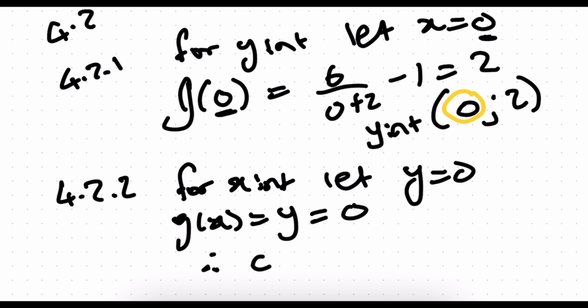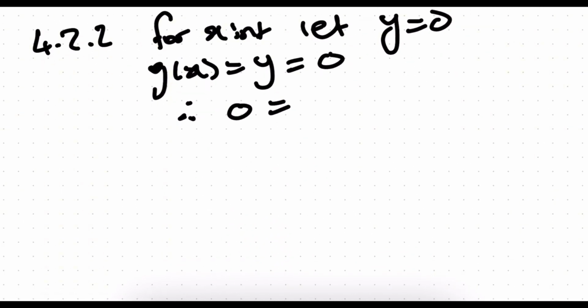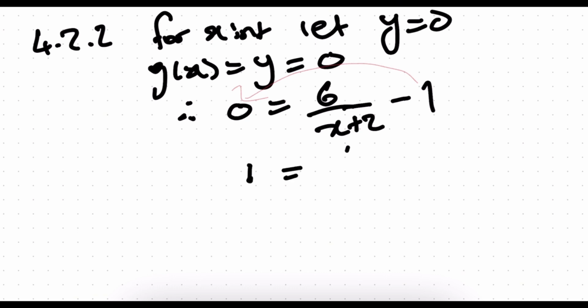Therefore 0 is equal to, let's move our page up a bit, 6 over x plus 2 minus 1, right? And then you take your 1 to the other side, that's how you solve mathematics. Therefore it will be 1 equals 6 over x plus 2.